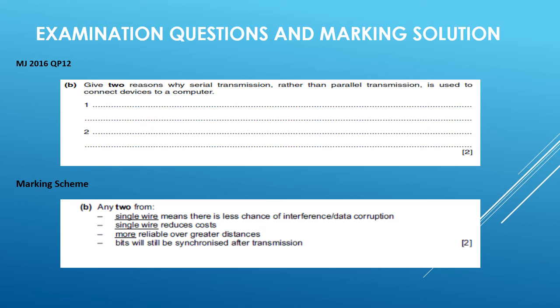Bits will not get skewed over a longer distance, so bits will still be synchronized after the transmission. So you can write any 2 reasons for that. So this is how you're going to get 2 marks. You do not need to write full-fledged stories about this. Rather, you need to write your answer in brief and exact concrete points.